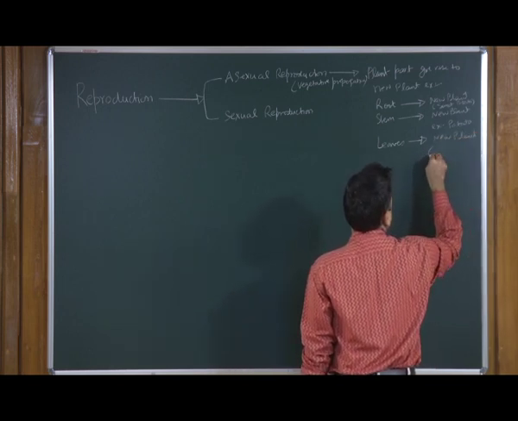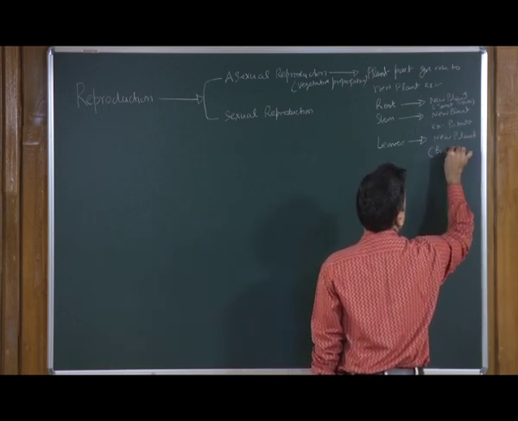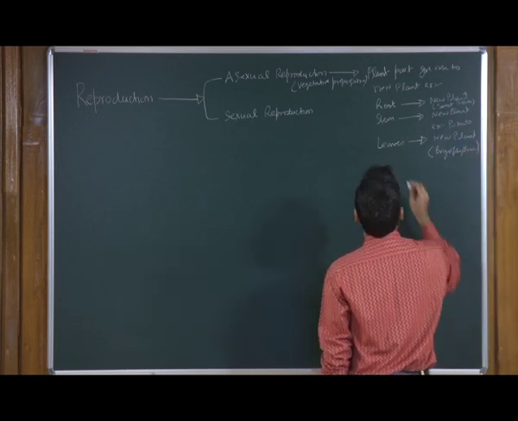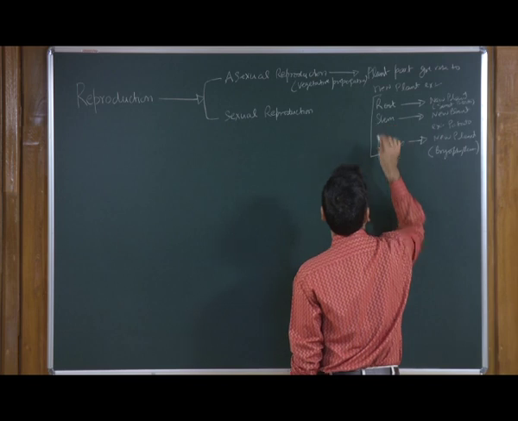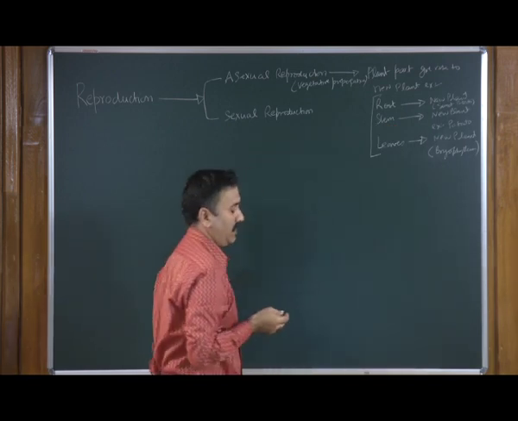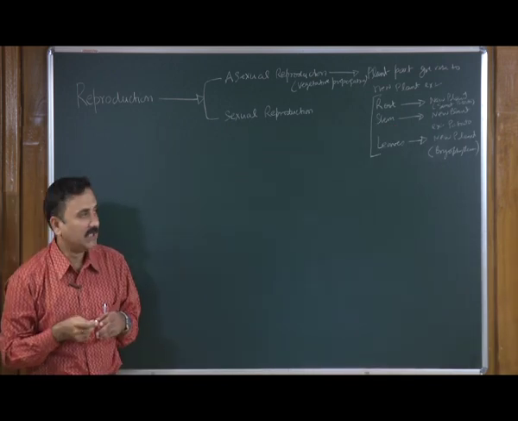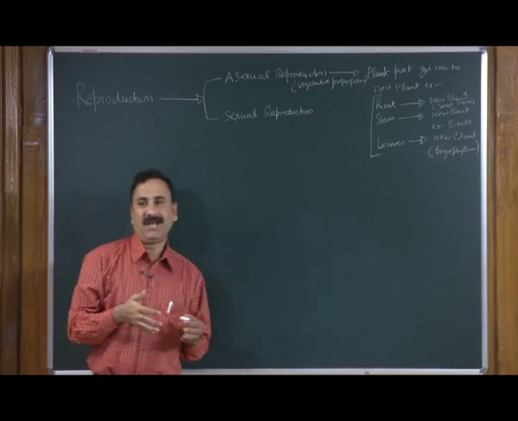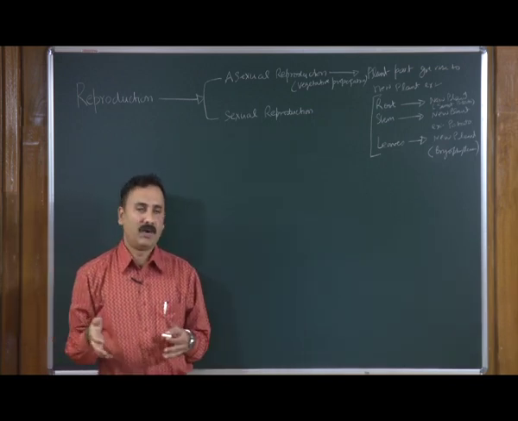An example of this is bryophyllum. So, in this kind of asexual reproduction mode, no specialized sex organs are required.